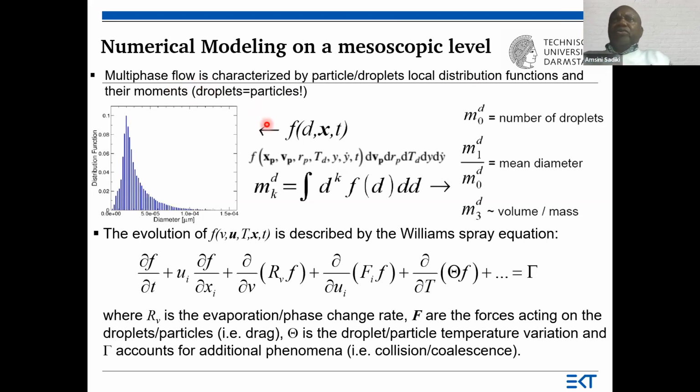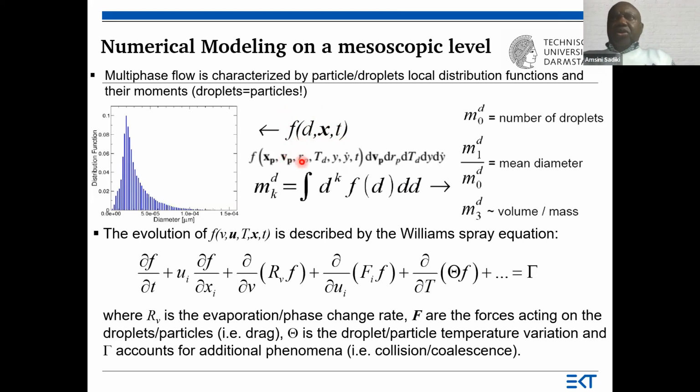So this distribution function, let us call it f. It is a function of the diameter of the particle, of the position and the time, because it evolves, so it displays within the space, and also the particle changes its size, so that we have a variation as a function of space, of time, and also of the diameter.